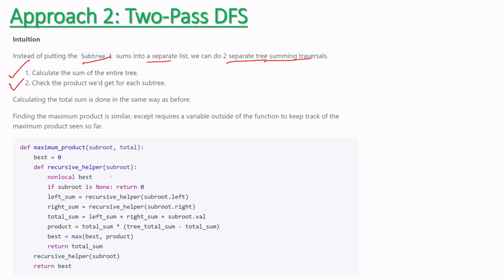So let's understand here. We will take a variable best, and we will traverse from the subroot. This is the recursive helper, in which the subroot is passed, and we take nonlocal best, traversing from the root, going to the left of the root and the right of the root.